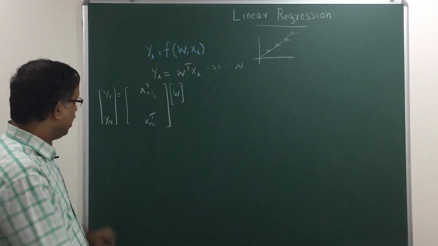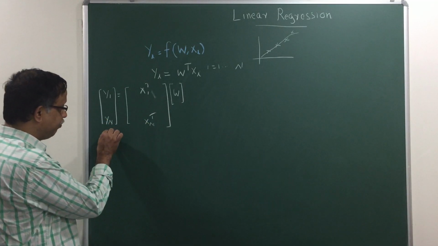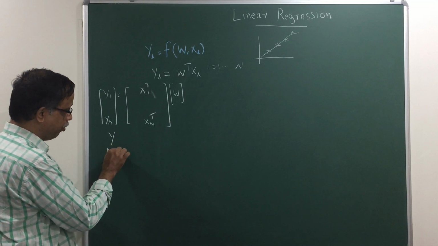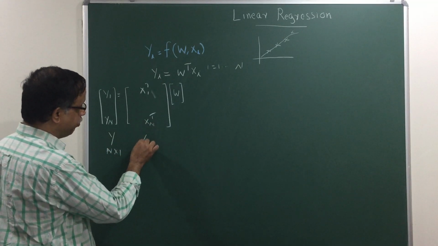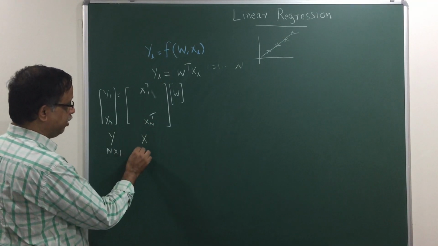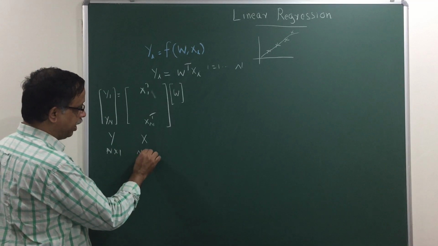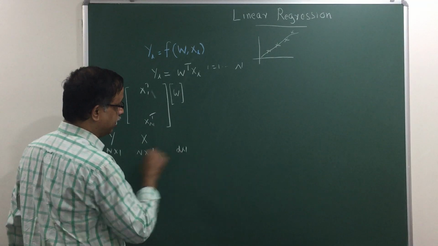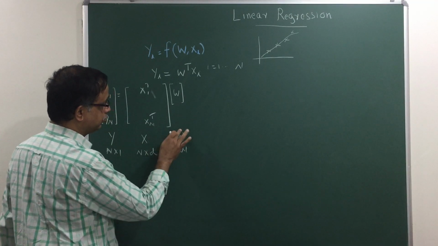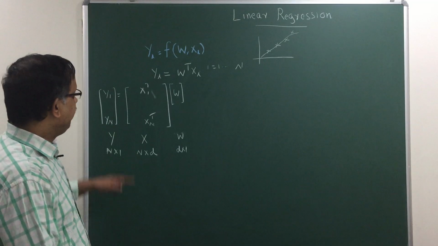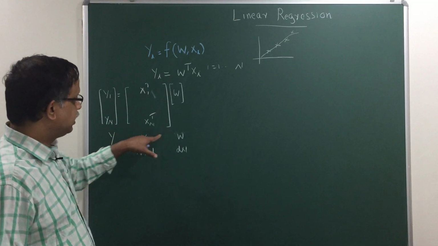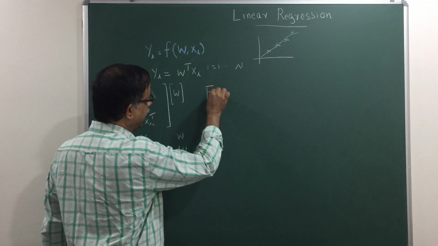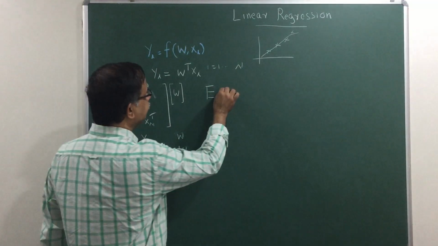If y is a vector which is n by 1, x is a matrix of size n by d, and w is d by 1, then our problem is in finding an error e.